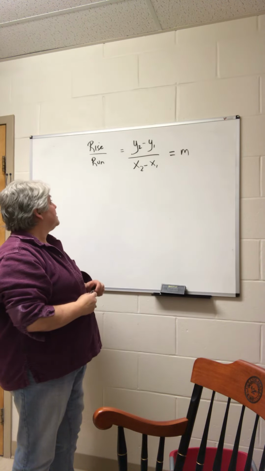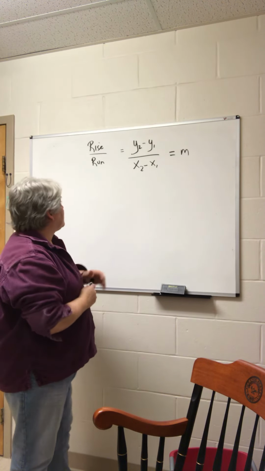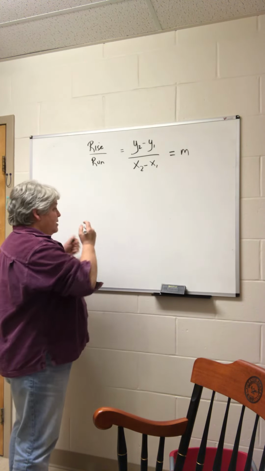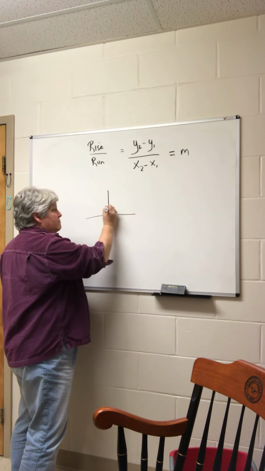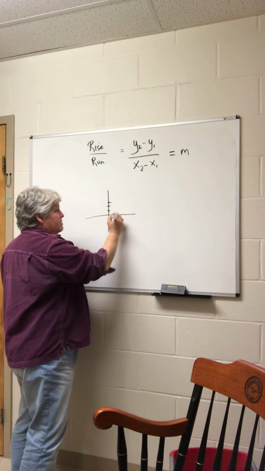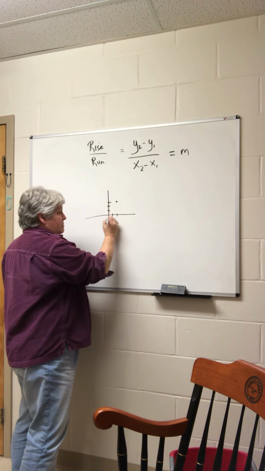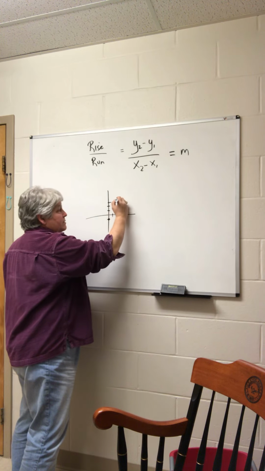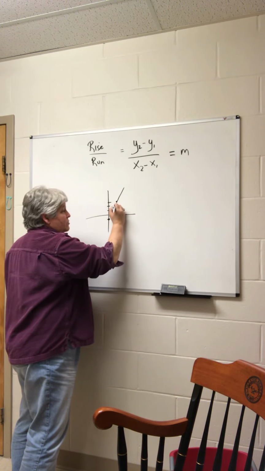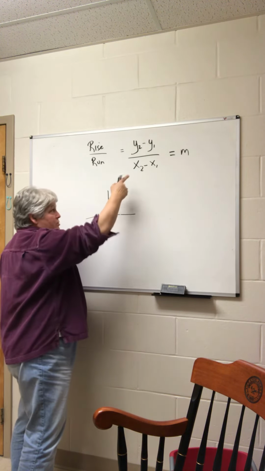Okay, so if you have a graph and you're trying to find out the slope, if there's a grid, I had a line going through this point and this point. Sure, I could find its coordinates and I could use that formula.